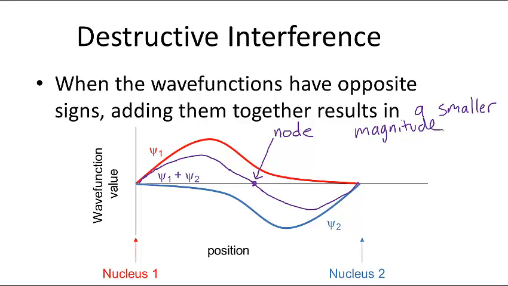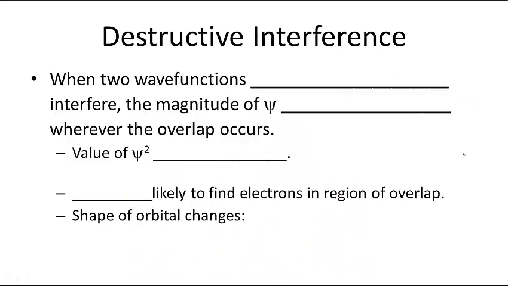Where they overlap. So then we could fill in the blanks on the next page when two wave functions destructively interfere.